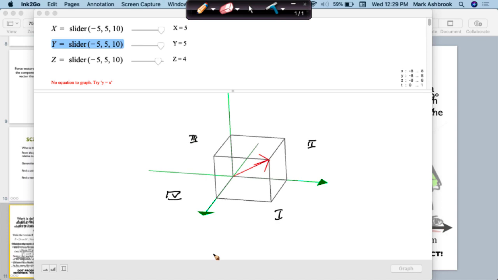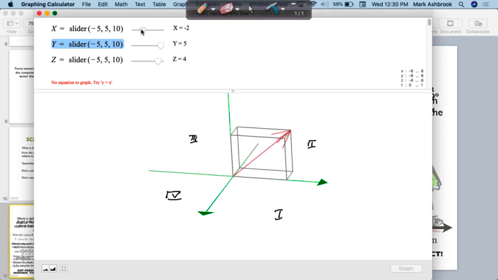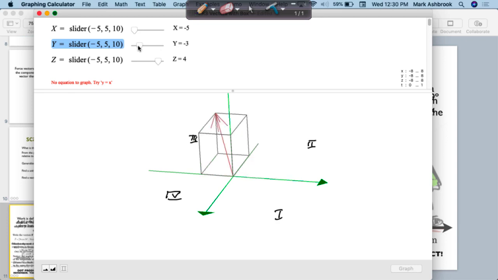So the octants follow that same numbering pattern, and the first 4 octants are when z is positive. So I'm showing octant 1 right now. There's octant 2. There's octant 3. So above the xy plane, but above the 3rd quadrant. And then there's octant 4. And then the 5, 6, 7, 8 are directly below 1, 2, 3, and 4, where z is negative. Make sense?